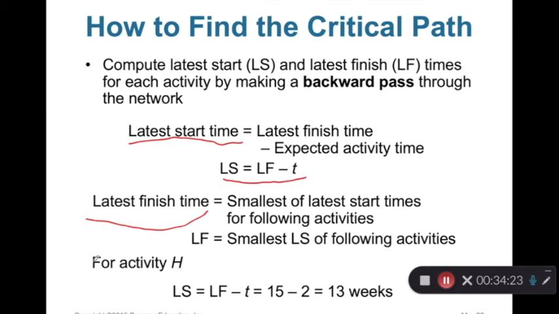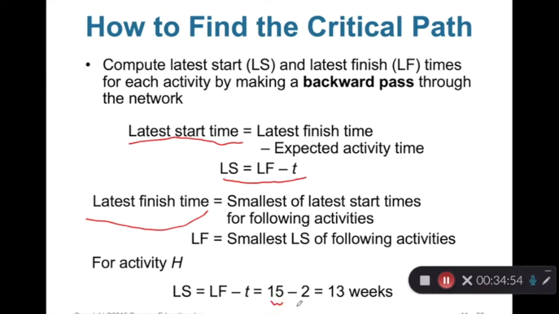For example, for activity H, because I just mentioned H is the last activity, we use the backward pass and start from activity H. We need to calculate LS equals LF minus T. Here, I want to explain why we set EF for activity H to 15.